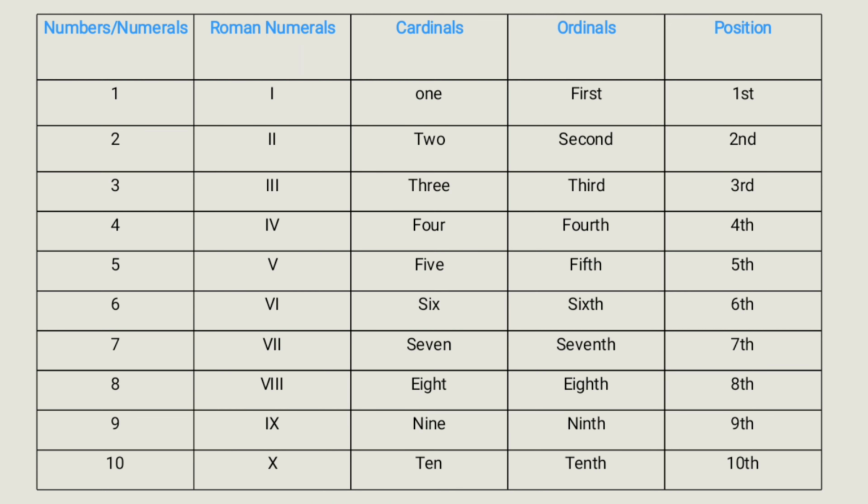Next, see cardinals. Cardinals are used, bache, while we are to write a complete sentence. In a sentence we are not supposed to write numbers, we are to write cardinals when it comes to the writing part. See, if I say I am 40 years old, then what will be written?